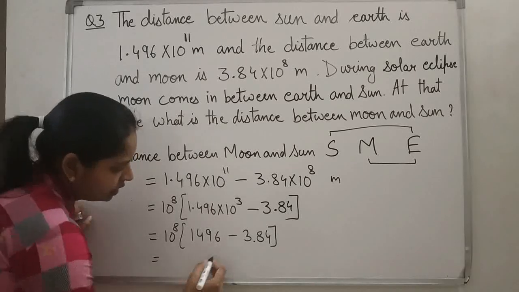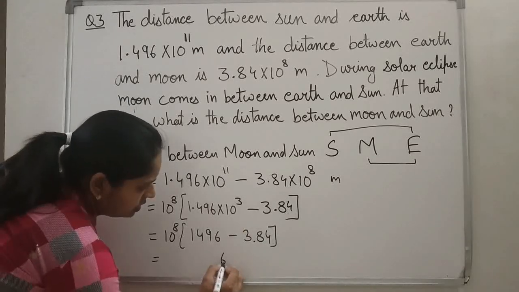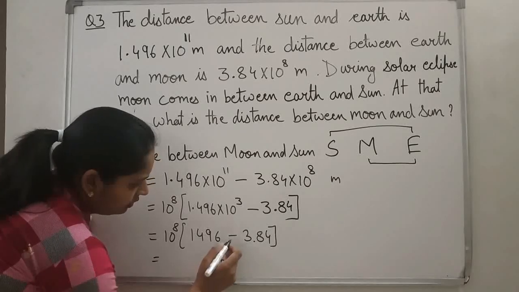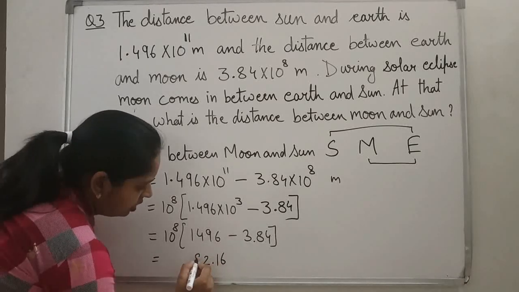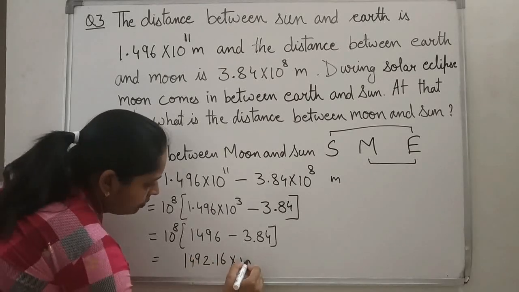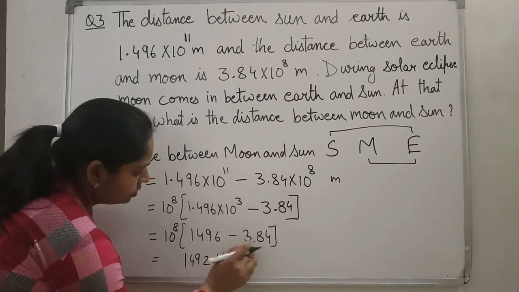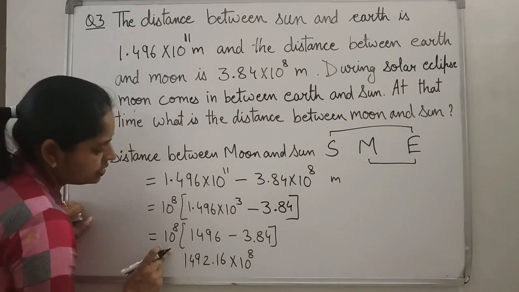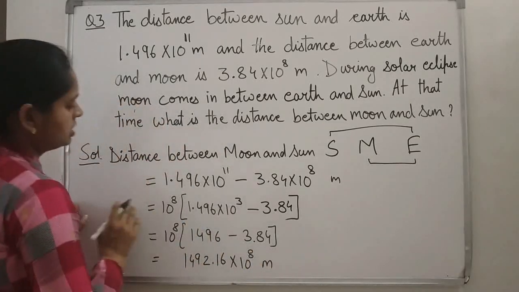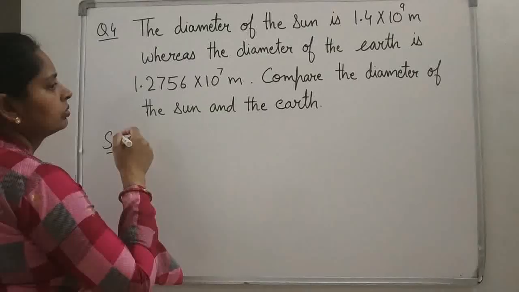When you subtract, you will get 1492.16, times 10 to the power 8. We have subtracted these two terms and 10 to the power 8 was here. So the multiplication will remain, and this much meter will be the distance between moon and sun.